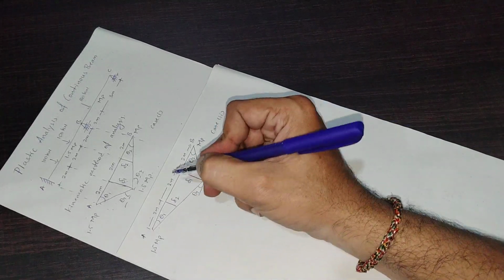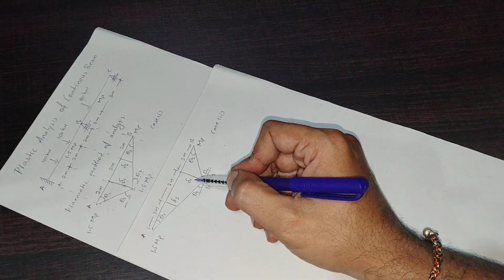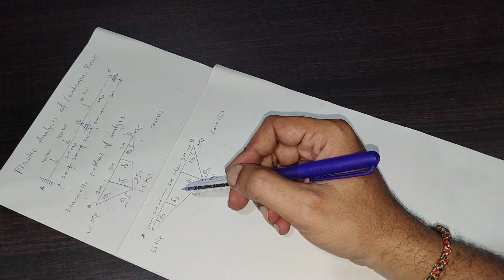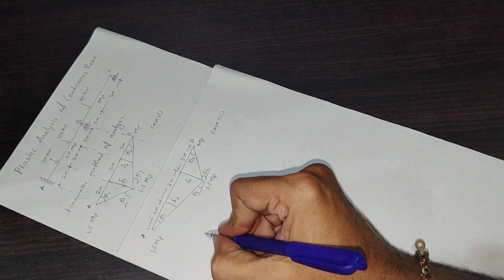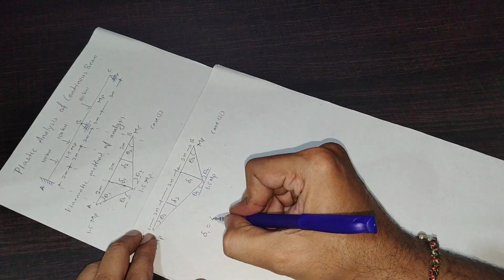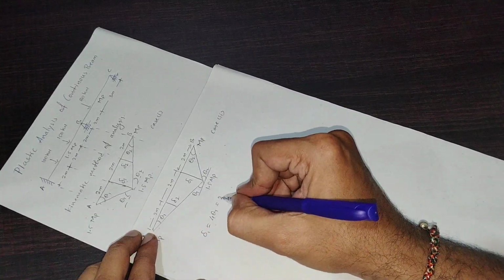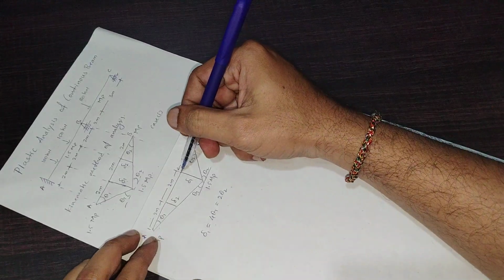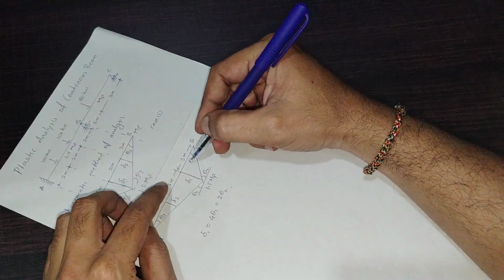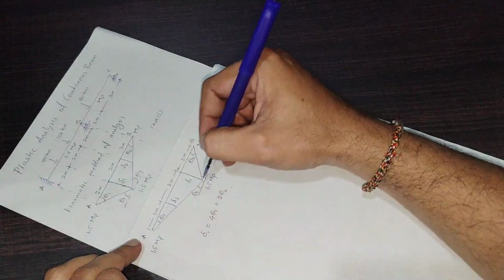So now I will consider the delta 1 relation again for the span AB. Delta 1 can be written as 4 theta 1 or 2 theta 2, referring to this triangle and this triangle.